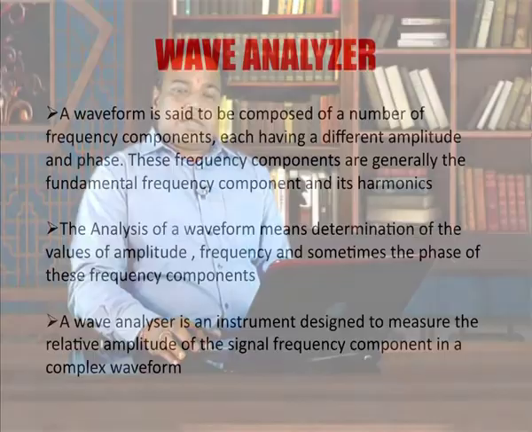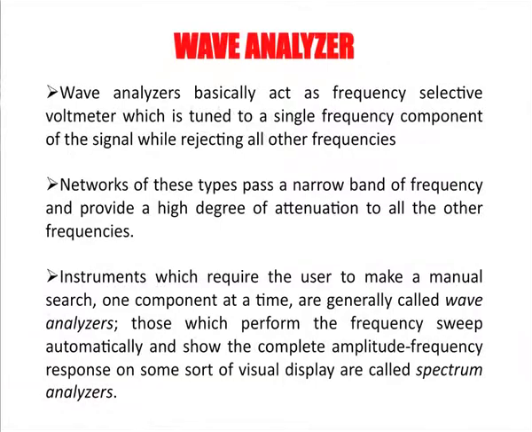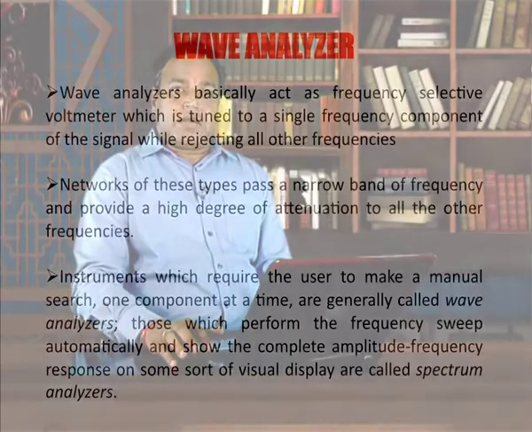These wave analyzers basically measure the amplitude, and the analysis of a waveform means the determination of the values of amplitude, frequency and sometimes the phase of these frequency components. A wave analyzer is an instrument designed to measure the relative amplitude of a single frequency component in a complex waveform. They basically act as frequency selective voltmeters, since they are measuring the amplitude.